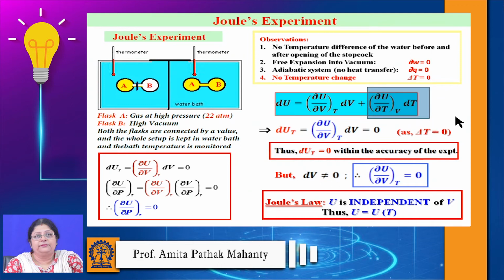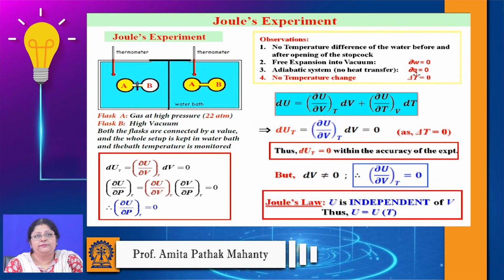Now what does that mean? That means at constant temperature, only dU will be equal to this part, and what he found out is that this part is equal to 0.